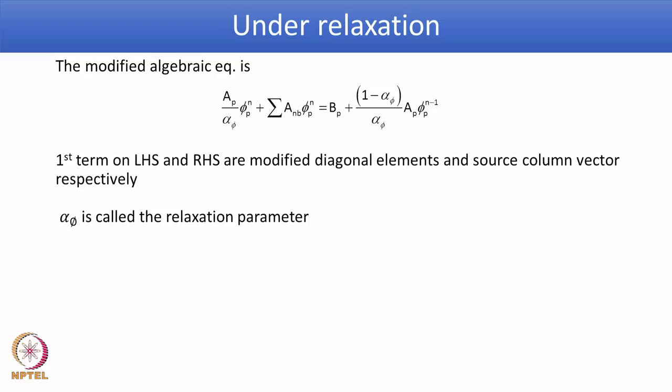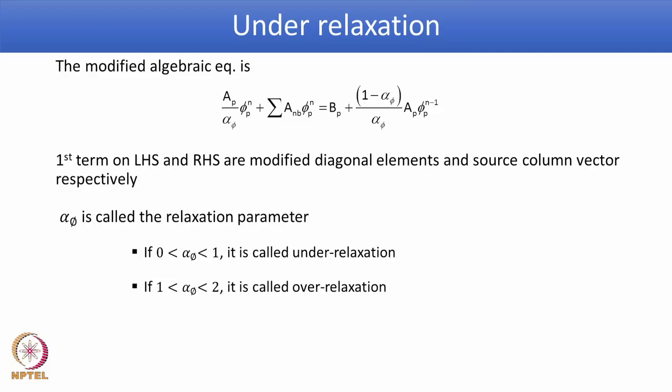Alpha_phi is called the relaxation parameter. While solving equations you can appropriately define the relaxation parameter for different variables. For example, velocity can have one value, pressure can have another value, and if you are solving for turbulent flow, k and epsilon variables can have another value. So, alpha is a relaxation parameter which varies for different variables.